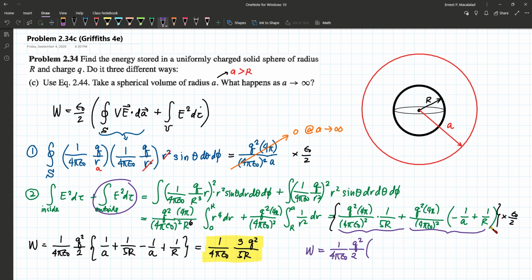So this is 6 over 5r, and then minus 1 over a. So this is the result as a approaches infinity. Okay, simple, right? So you will notice that the work done, if we take this integral, would look like this.